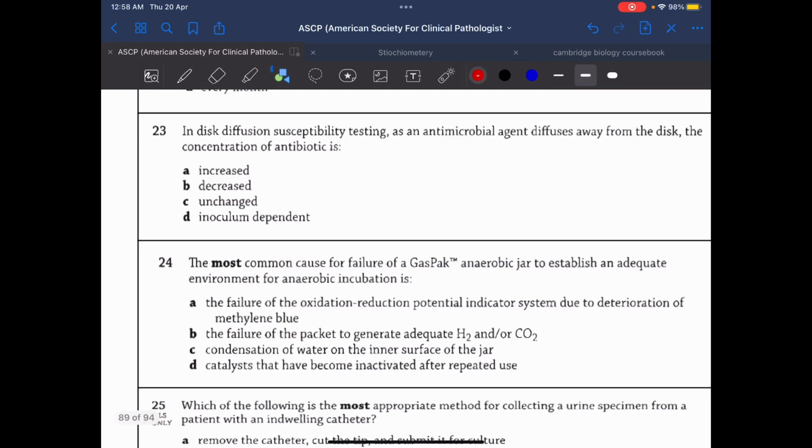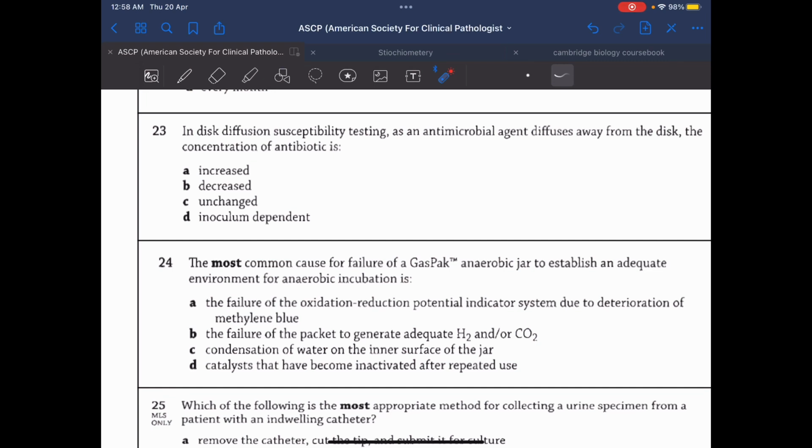Number 23. In disk diffusion susceptibility testing, as an antimicrobial agent diffuses away from the disk, the concentration of antibiotic is increased, decreased, unchanged, or inoculum dependent. The amount of antibiotic used in disk diffusion susceptibility testing is standardized and constant.